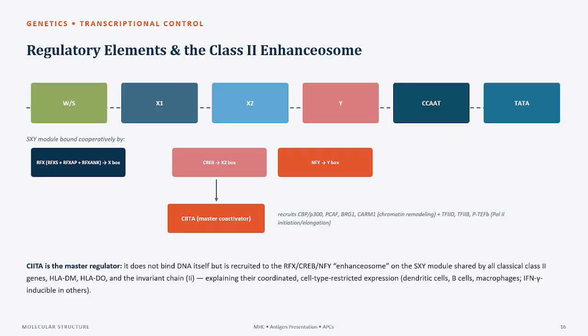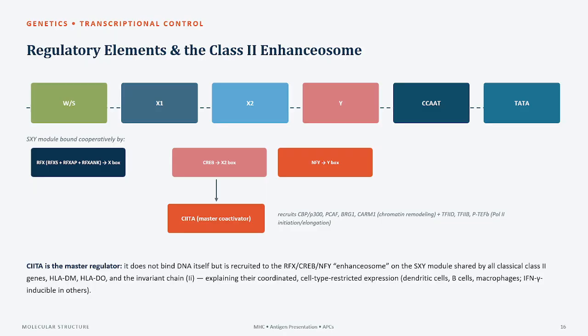The role of the class 2 transactivator, CIITA, is the master regulator of the MHC class 2 expression. CIITA does not bind the DNA directly. Instead, it is recruited by the promoter through cooperative protein-protein interactions with the pre-assembled enhanceosome.